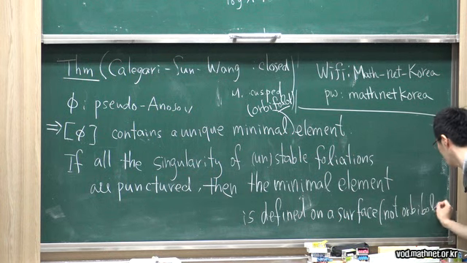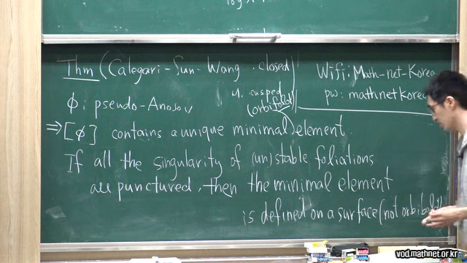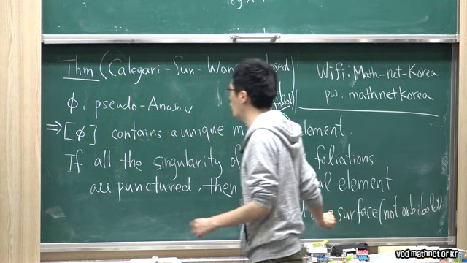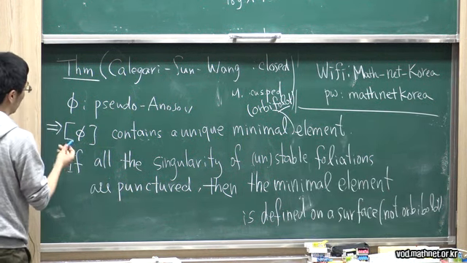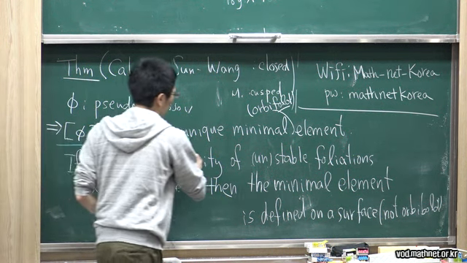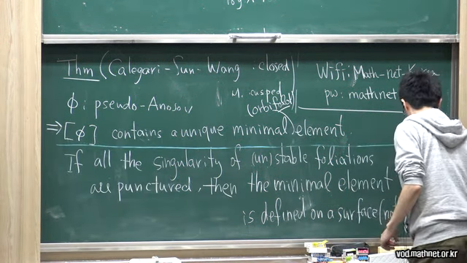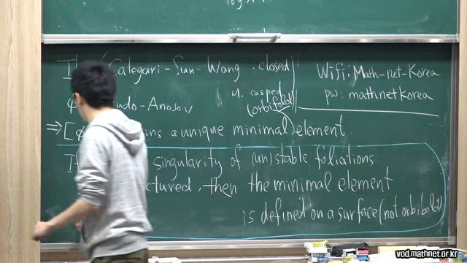So no singularity occurs. And the goal of this talk is to talk about the analog of this fact for Out(F_n).